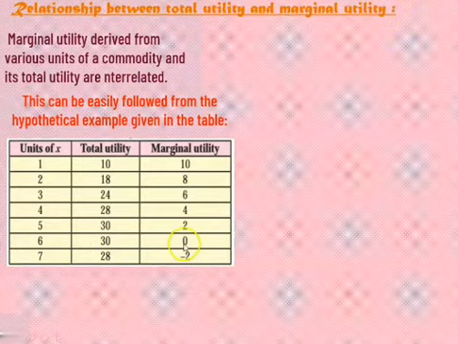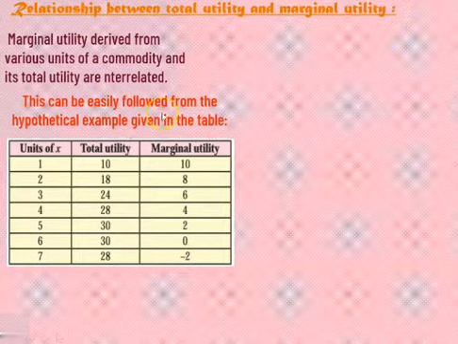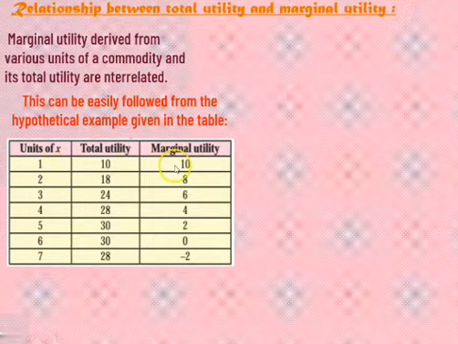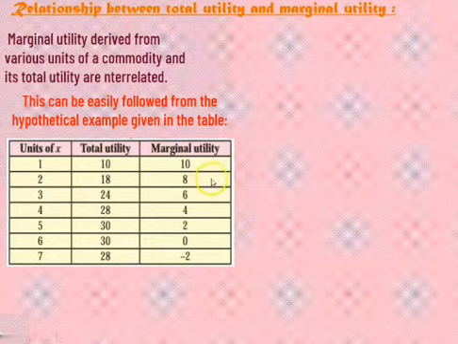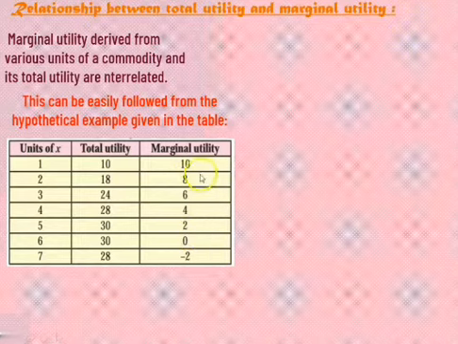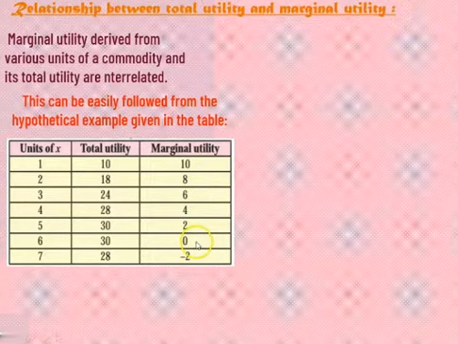Why has it become 0? Let us understand. The concept we have derived is that when the person starts consuming the first piece of pizza, the marginal utility and the total utility are the same. But as the units of pizza consumed increase, marginal utility decreases. The satisfaction level goes from 10 to 8, to 6, then 4 and 2, and here 0.